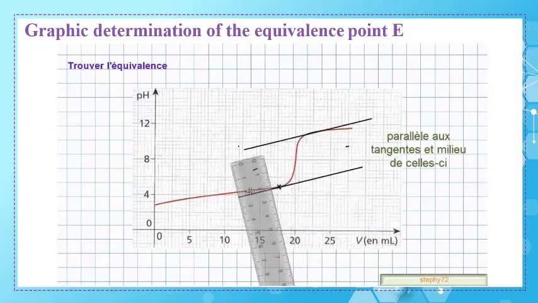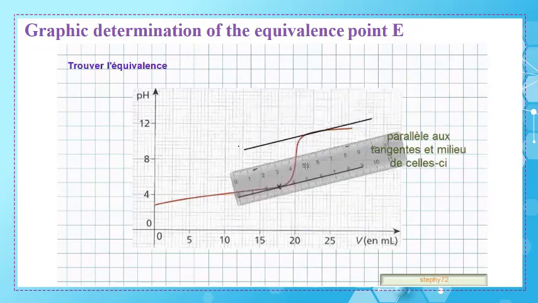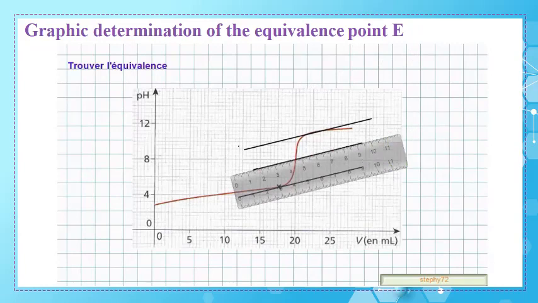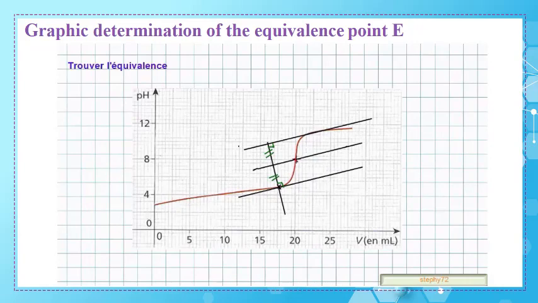And this is the line that is equidistant of both tangents. This line, look, cuts the curve, can you see, at a point called E, the equivalence point. This is VE, the abscissa of E, and this is Y.